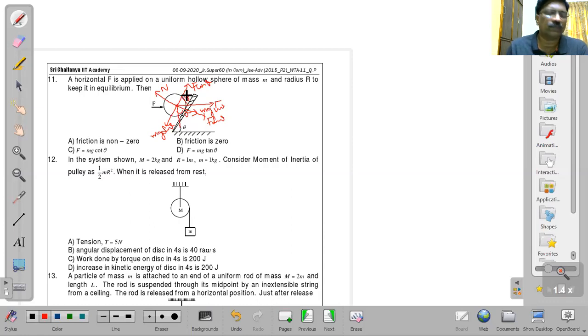Or if the F cos theta component is greater than mg sin theta, then the sphere tries to move upwards. In that case, the friction acts in the downward direction. That means non-zero, so A is also possible. A may be correct in one version, because it is not mentioned whether it is moving upwards or downwards in the problem.